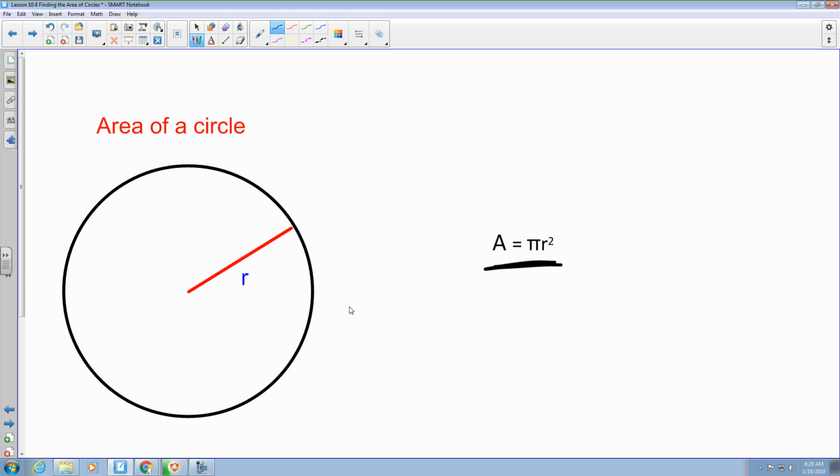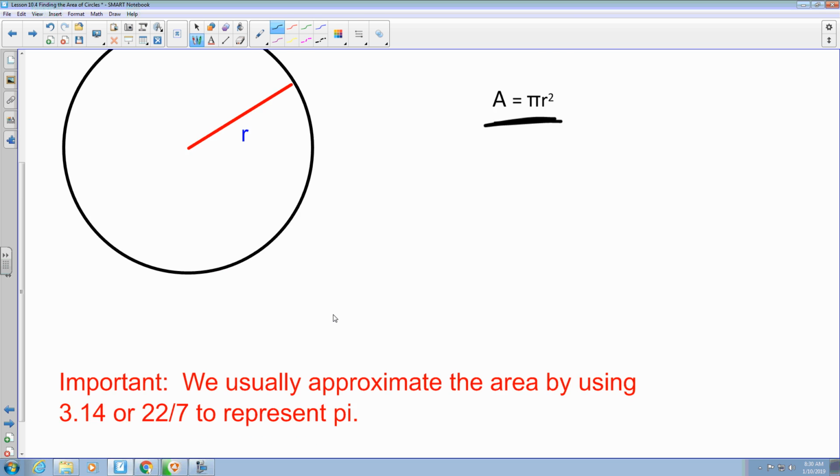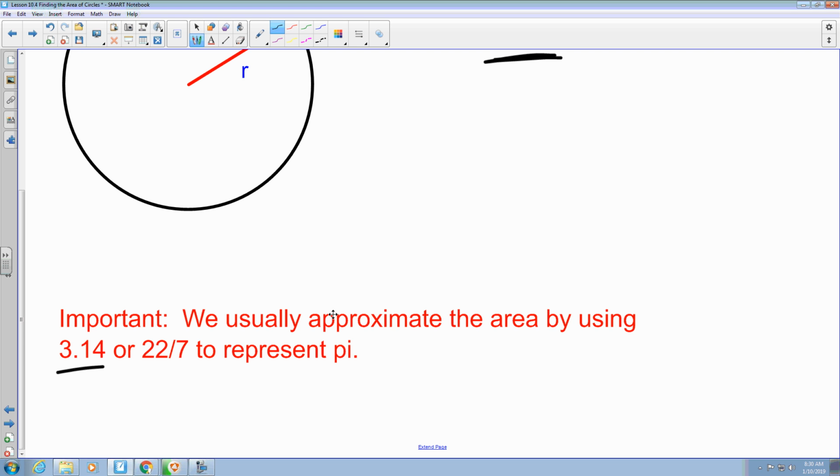So what we have to take into account is if we are given a diameter, we must change it to a radius, because the only formula we have is with respect to the radius. And same thing goes, we can use 3.14 or 22/7 to represent pi when we're looking for our approximation.